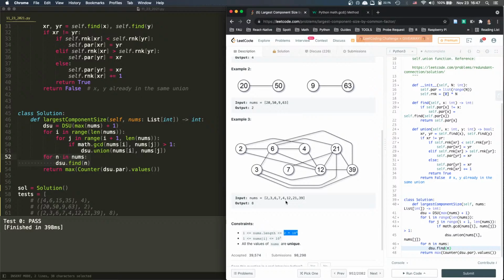And when do we stop? We stop, like after doing 7, we already grabbed everything, right? When do we stop?